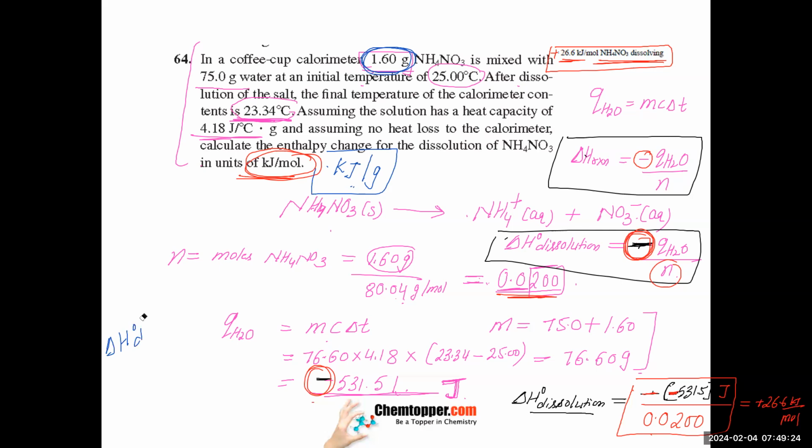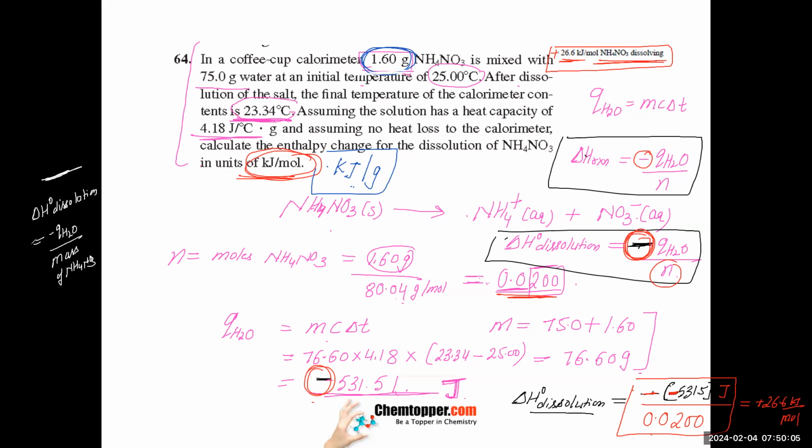I'm writing here to make it more clear. Delta H naught dissolution of this ammonium nitrate will be minus Q water divided by mass of ammonium nitrate. So I will not take moles now, I'll take mass. I'm not going to convert moles to grams because the gram is already given.